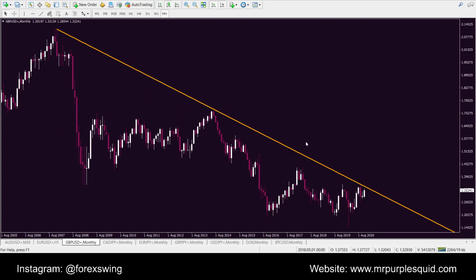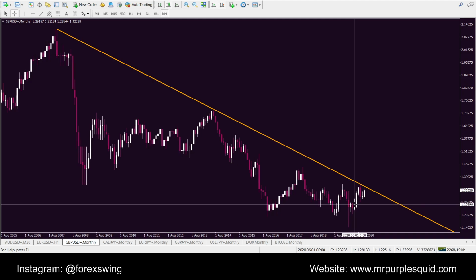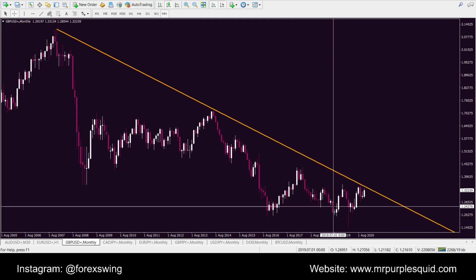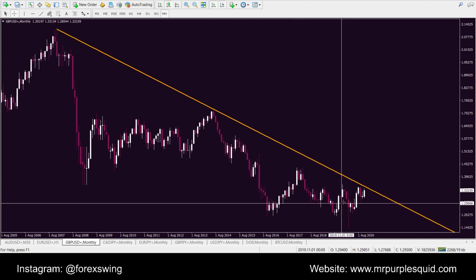And this is one that I've been eyeing for some time now, because based on this structure right here, this is looking very bullish, right? It's almost like what you guys would call maybe a cup and handle, or whatever you want to call it.